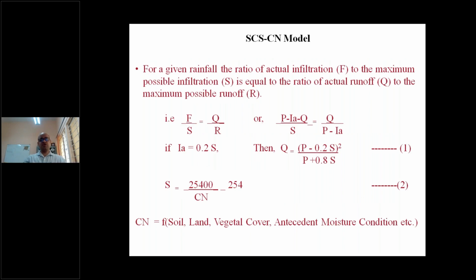This is the basic formulation of the curve number method. I believe many of you must have studied this or gone through this. So basically what we try to say here is that runoff is a function of curve number, and curve number is a function of soil type, land use, vegetative cover, and antecedent moisture condition in your area.